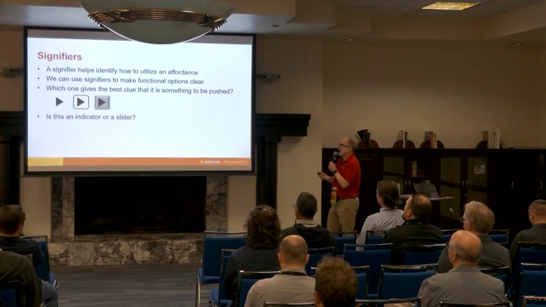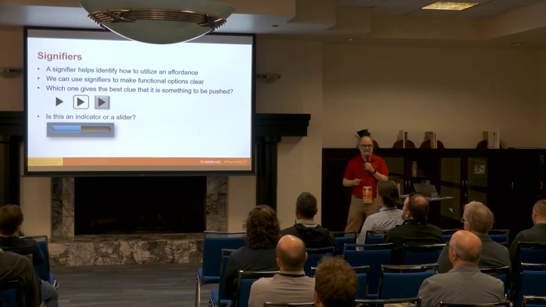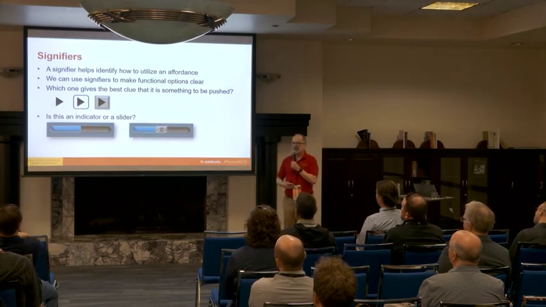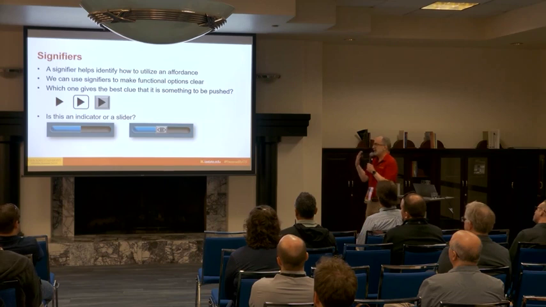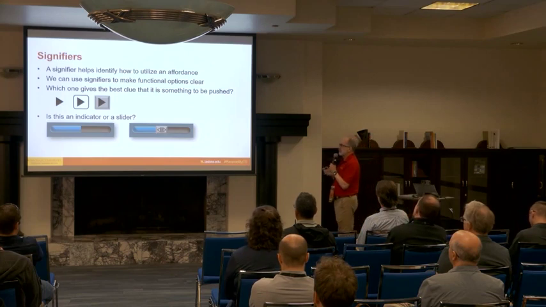Okay? All right, let's try this. Is that an indicator or a slider that you can change? You have no idea. Now, what about that? Does that give you an indication, is there a signifier there that gives you some insight whether that's something that can be manipulated, right?